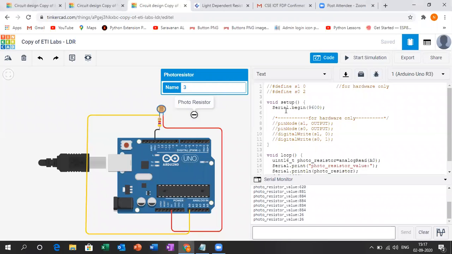Now we move to the coding section. As you can see, this code starts from the fourth line.